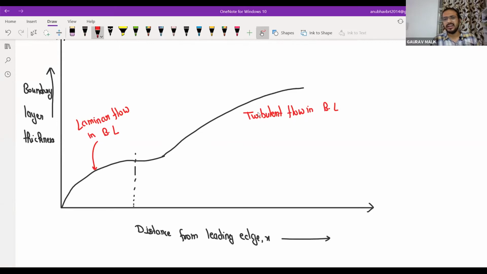As we know that in turbulent flow there are three regions, and this point where the slope is going to change rapidly is known as the onset of turbulence. It consists of three regions.